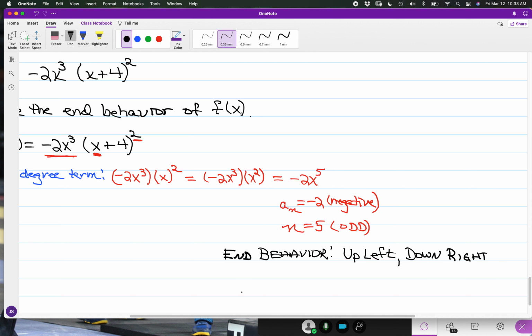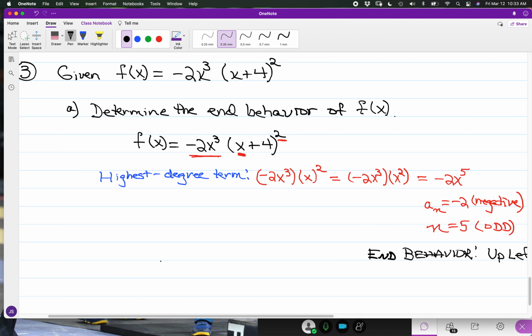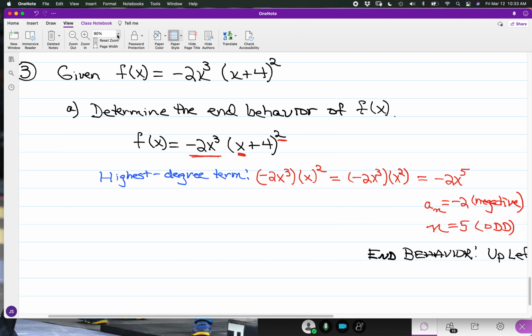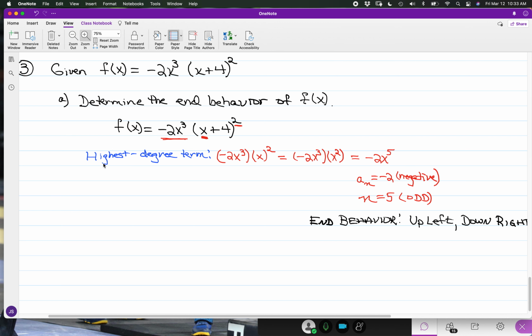So this is going to be the end behavior. Okay, now for other characteristics of this function, if I determine the zeros, the multiplicities, and where f of x crosses and touches the x-axis.